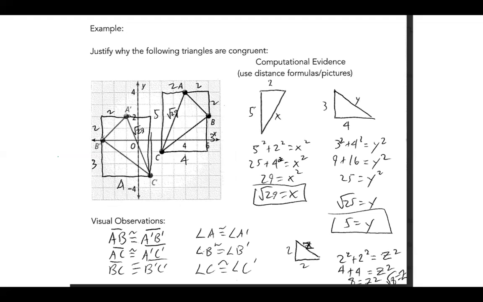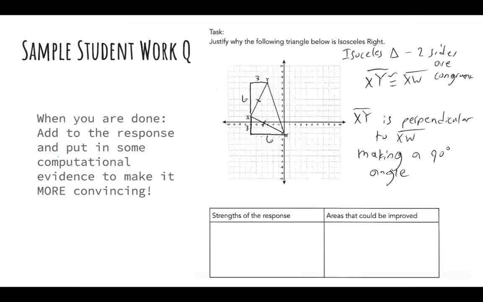And you can take a look at the solution as well, but I wanted to do it in real time just so you could see the process. Now, one thing that I do want you to do before you go to the IP worksheets tonight is look at a mid-grade sample student work question here.